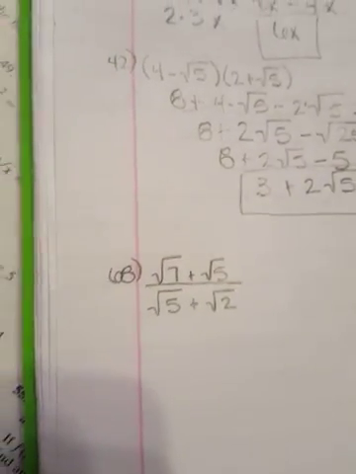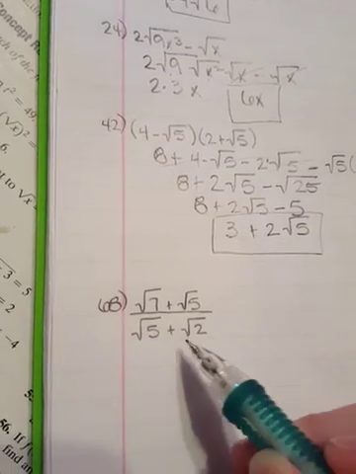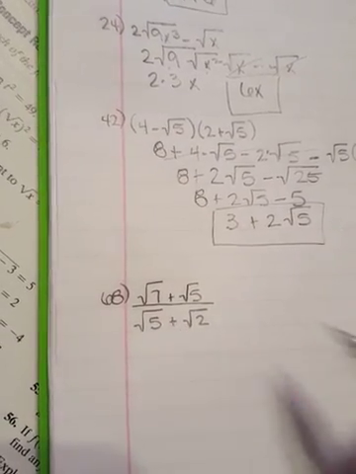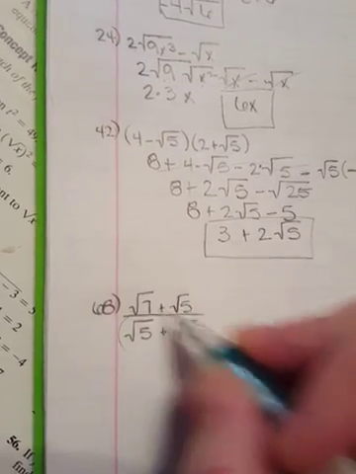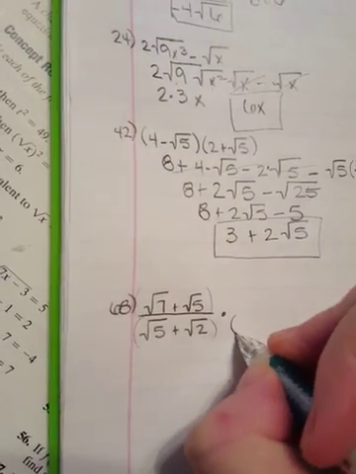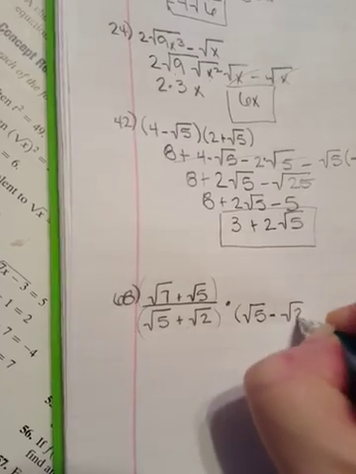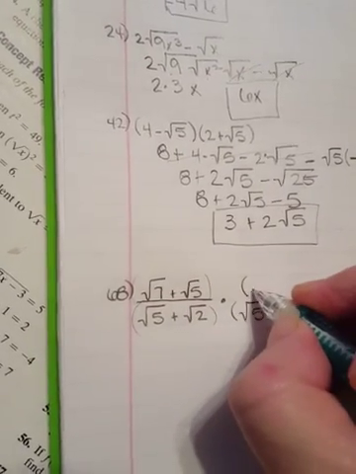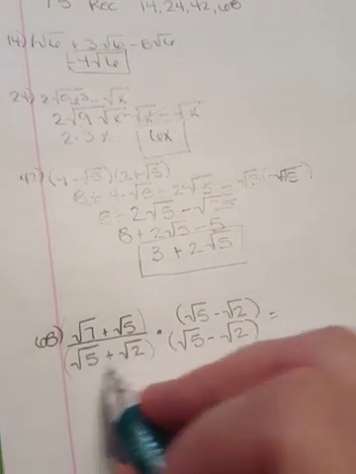Okay, on number 68, we have a fraction with radicals, so we need to multiply the denominator by the conjugate. So we'll have this multiplied, we need the opposite, so times the square root of 5 minus the square root of 2 on the top and the bottom. Okay, so now we're going to multiply.